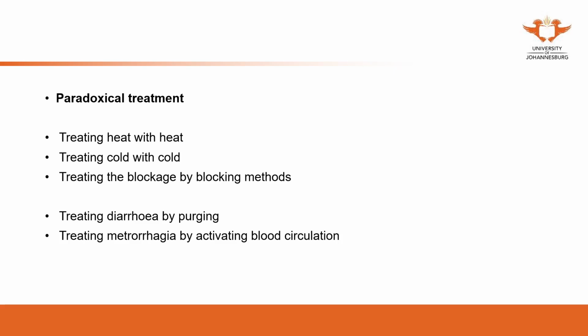If we use some herbs or acupuncture methods to activate the blood circulation, we can help the uterus remove the blood stasis. Once the static blood in the uterus has been removed, the bleeding will stop. So that's the paradoxical treatment.